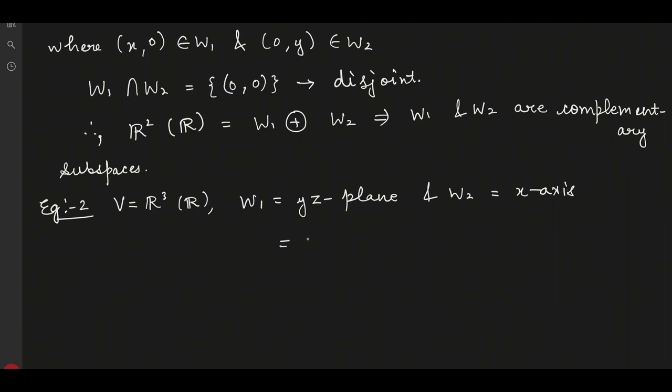Firstly, this is the yz plane, where x is equal to 0, and this is the x axis, where y and z are 0, that is x 0 0.